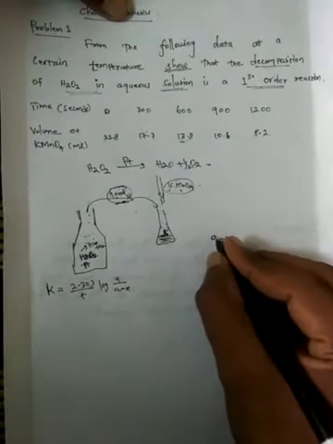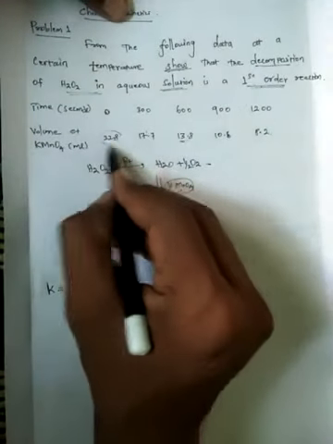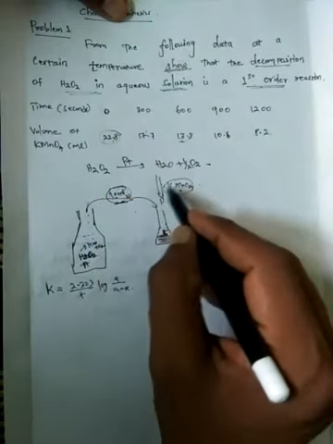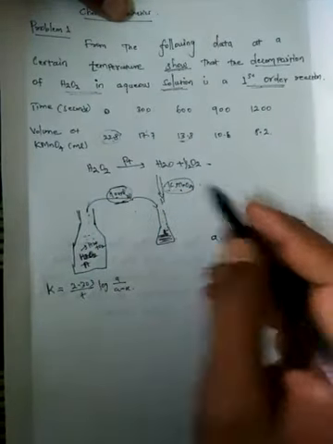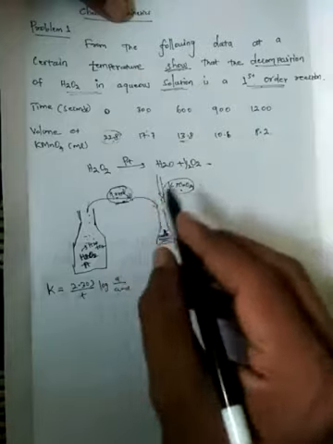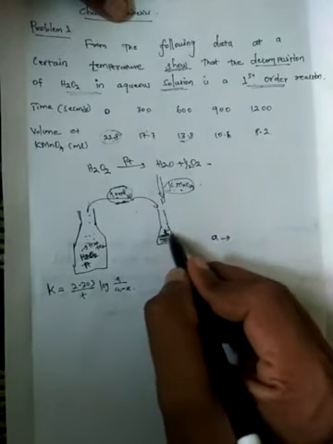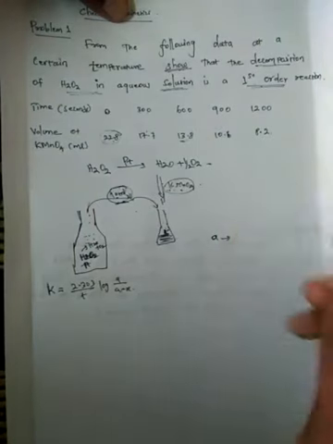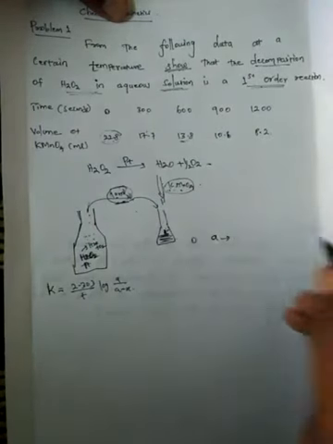This 22.8 ml is the amount of KMnO4 required to react with the hydrogen peroxide taken in the conical flask at the beginning, or at the zero time.